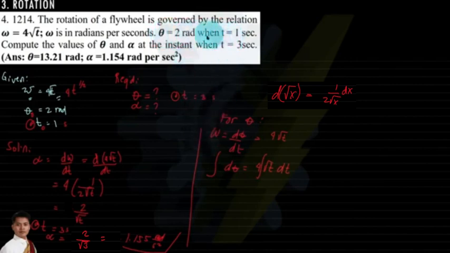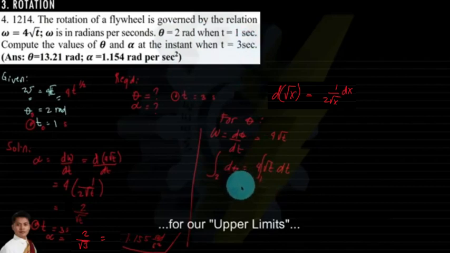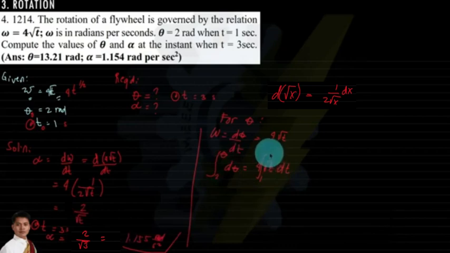So theta of 2 radians, we need to put that here, then for t is 1 second. For the upper limit, for d theta, we put theta since this is the unknown. If we want to derive the equation first, we can put the upper limit for this integral as t, where t here is equal to 3 seconds.